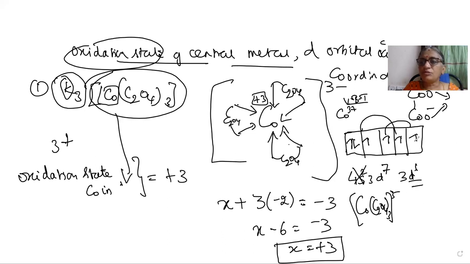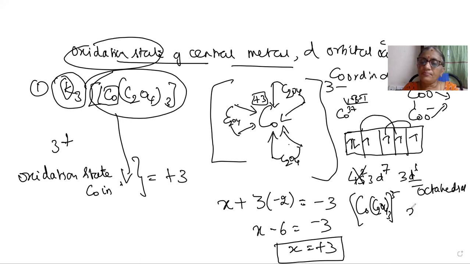These two orbitals have to be made vacant in order to utilize them for hybridization. So six coordinate bonds are there, no? It is an octahedral complex. In an octahedral complex, if the ligand is strong, it will force pair the electrons here and make these two vacant and available for coordination.